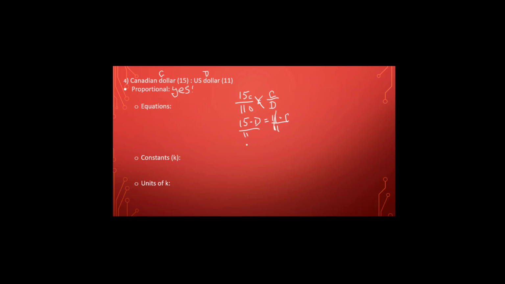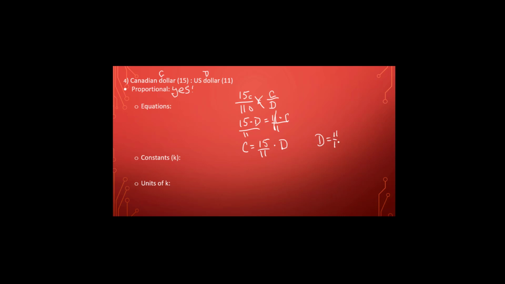These cancel, and I'm left with C equals 15 over 11 times D. Now hopefully you can follow that. So D is going to equal, stop, pause, let me know. I'm going to write it down.